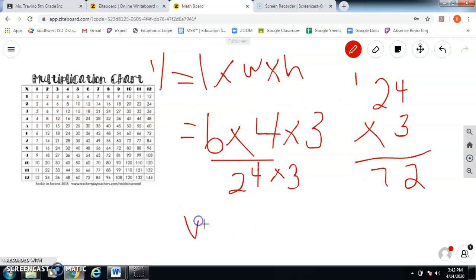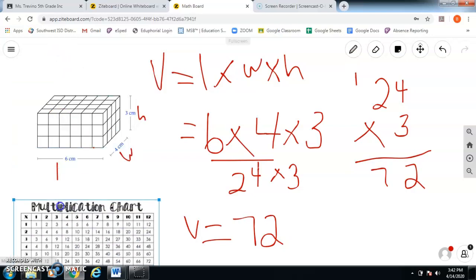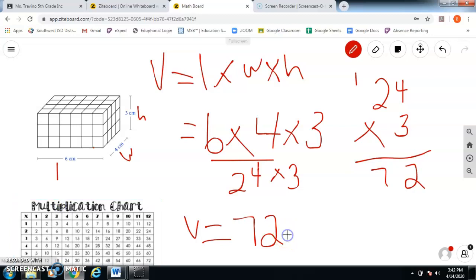Okay, so V equals 72. Let's move this multiplication chart down. What unit were we in? Centimeters. And let's not forget the most important part. Cubed, right? Because we're working in volume.